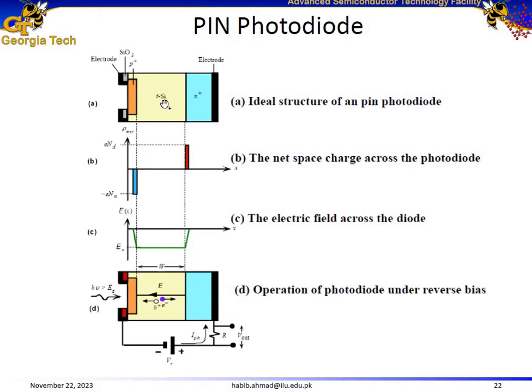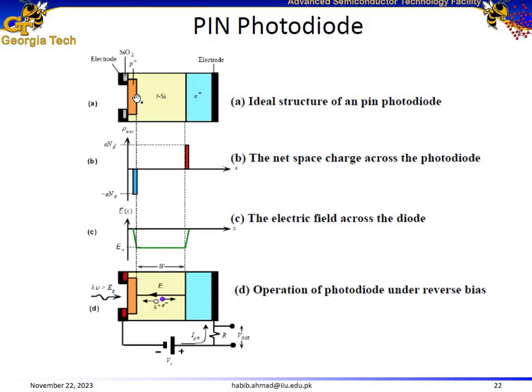Here is another pictorial representation of a PIN photodiode. We have a p-type layer, an I layer, and an n-type layer. Electrodes are connected to both the p-type layer and n-type layer. And we know that under equilibrium, there would be diffusion of electrons from the n-type layer towards the p-type layer, resulting in uncovering of positive charges.